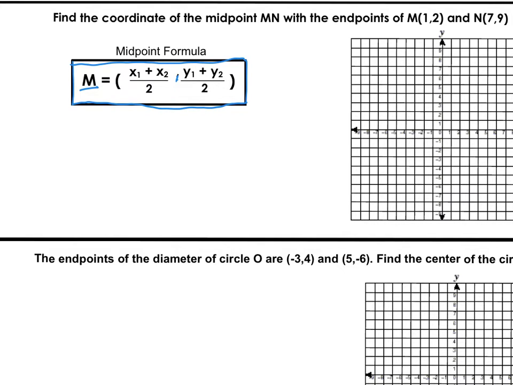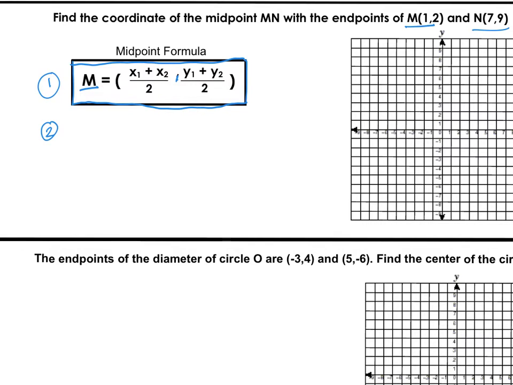So for this first question, it says find the coordinate of the midpoint of MN with the endpoints of M and N. So that's the endpoints of my line. I want to find the midpoint of it. So what we would do is just step 1, we'd rewrite our formula, which happens to be right here for us. Step 2, let's just plug in.